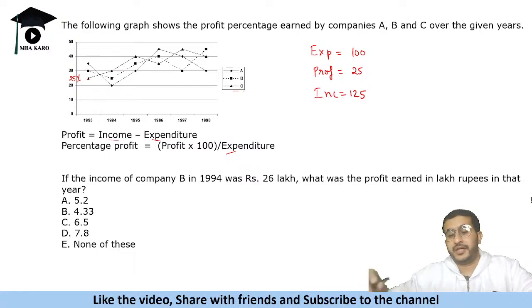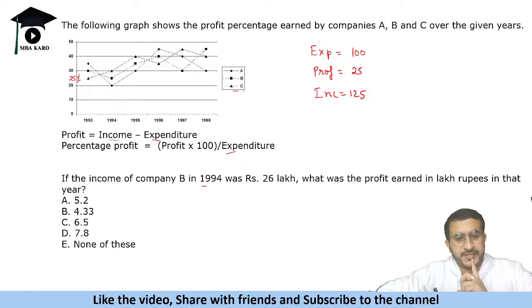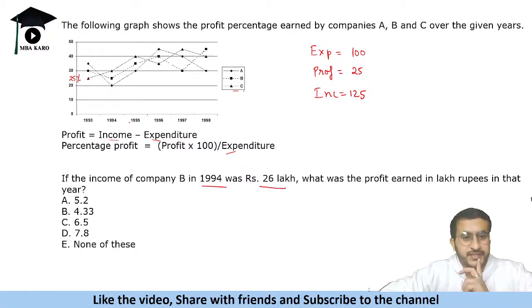Okay, so you need to understand what is given in the data. If you do not understand that, you will make mistakes in this question. Okay, so income in 1994 is 26 lakhs.